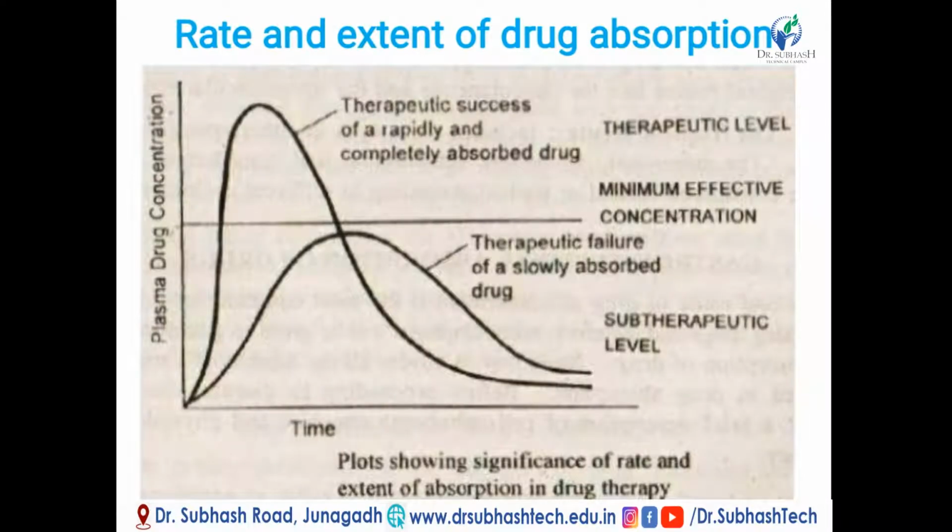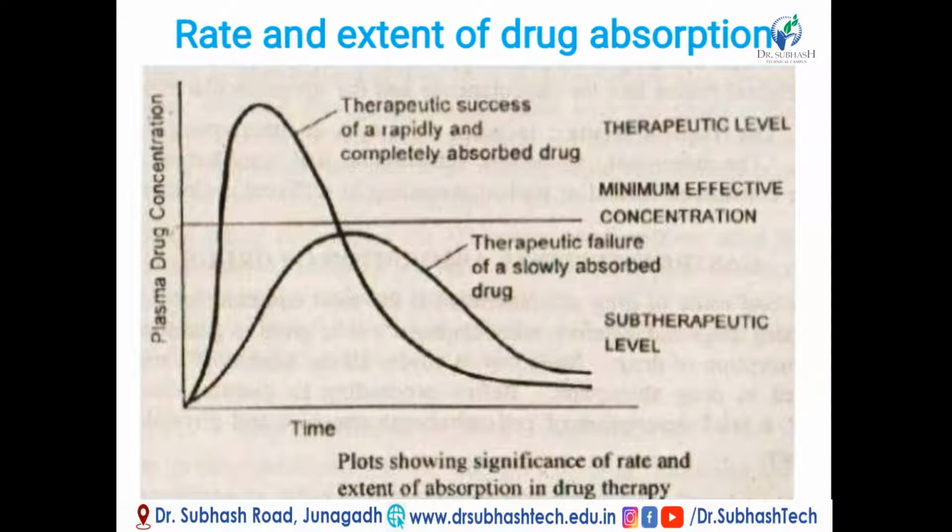Now, this figure shows you the rate and extent of drug absorption. On the x-axis it is time and on the y-axis it is plasma drug concentration. The first curve, with the higher peak, shows you the therapeutic success of a rapidly and completely absorbed drug.